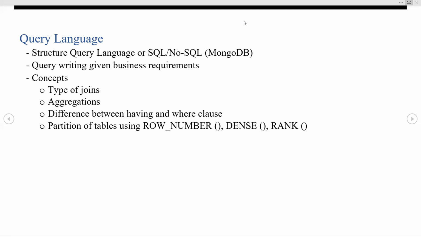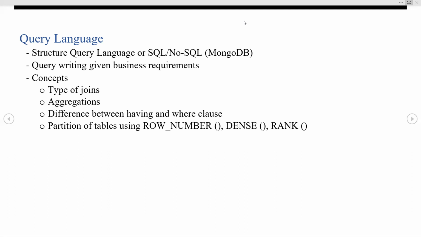You are also expected to know the various aggregation functions, or in other words, the group by clause: how to use group by, and what can be done as group-level operations. You should also know the difference between the having and where clauses. Many candidates fail to understand them, and hence fail to make use of them. But if you know the differences, you'll be able to write efficient queries.